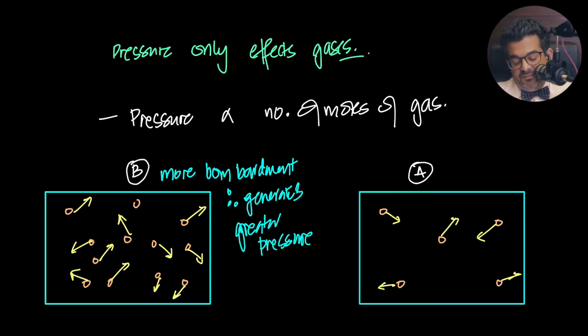So if I want to reduce the pressure of B, one of the ways to do that would be to open the container and let some of the molecules move out, right? Because then there'll be fewer molecules and fewer bombardments, right?